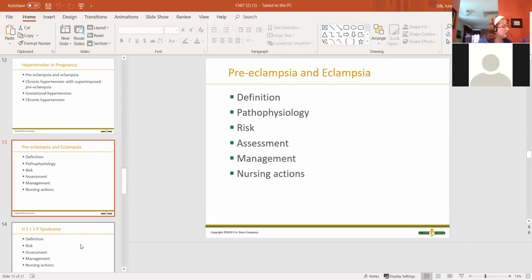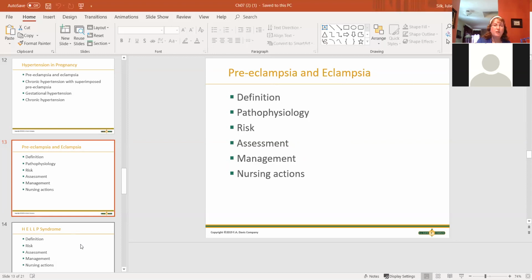Risk factors for getting this would be an age younger than 20 or older than 35, obesity, multiple gestation, family history of this, gestational diabetes, chronic hypertension, kidney disease, or lupus, nulliparity. Those would be some of the risk factors.